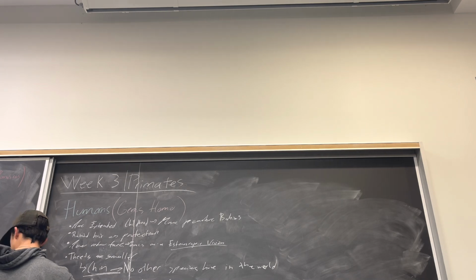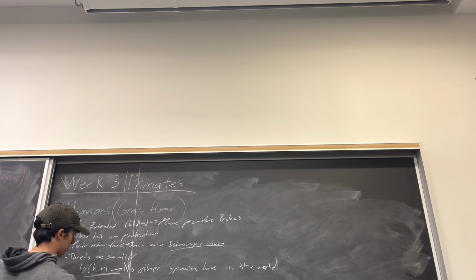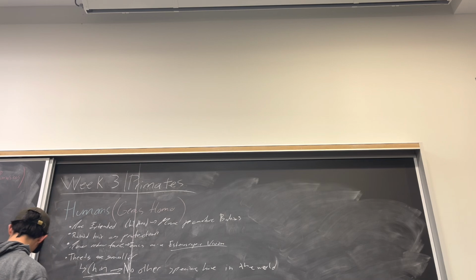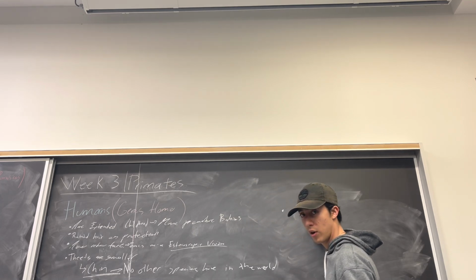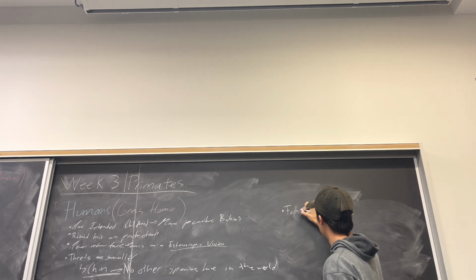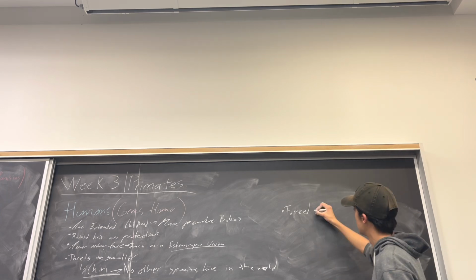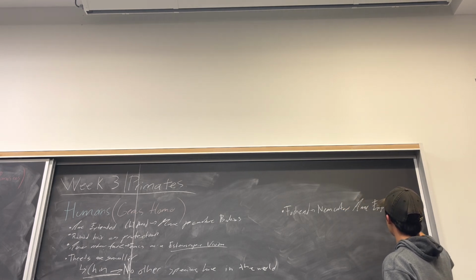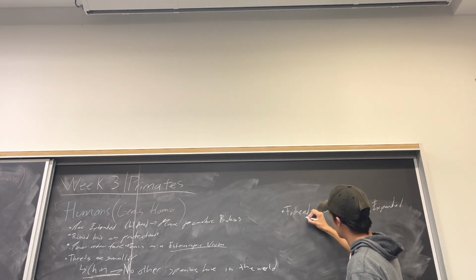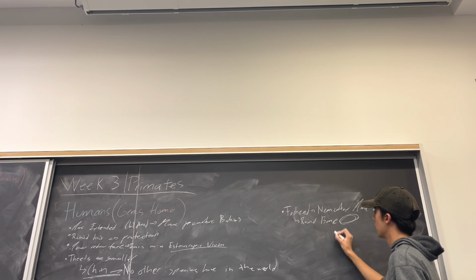We also have genetic variation. Okay? Continuing here, we have the forehead, which has a more expanded neocortex.